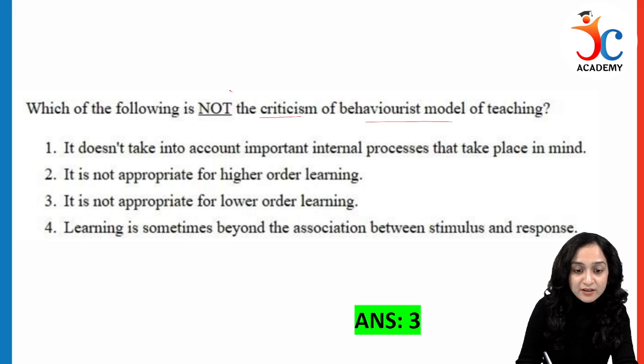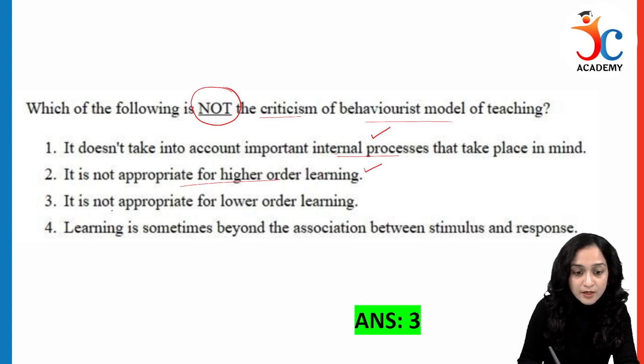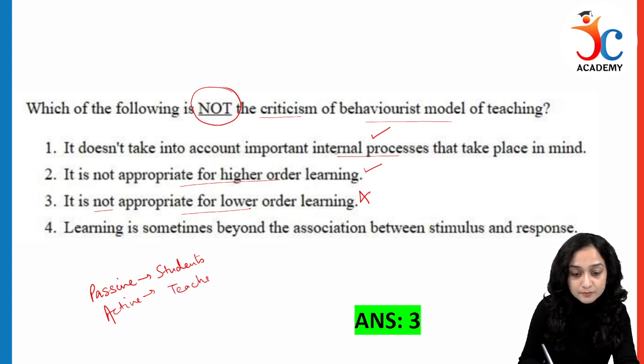We have to identify which is not the criticism. So it doesn't take into account important internal processes. Yes, it is a criticism. It is not appropriate for higher order learning. Again, it is a criticism. It is not appropriate for lower order learning. No, it is not a criticism, because when students are passive and teachers are active, it will only be possible for lower order learning.